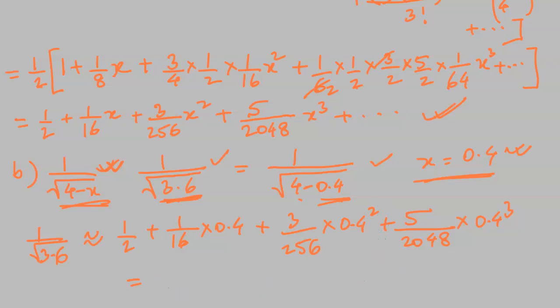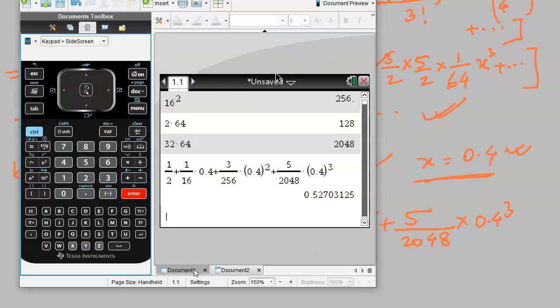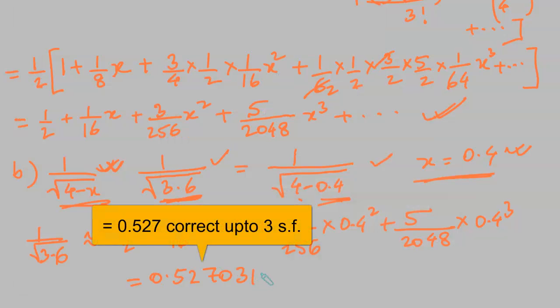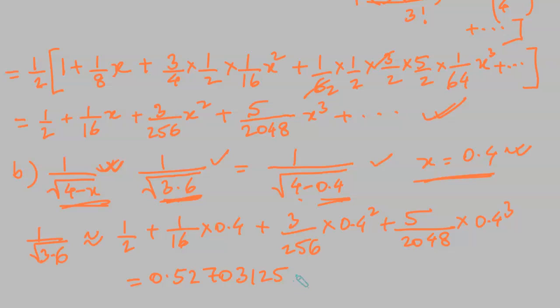So 0.5270 and 3125. So 1 over under root 3.6 is almost equal to 0.52703125 using the expansion.